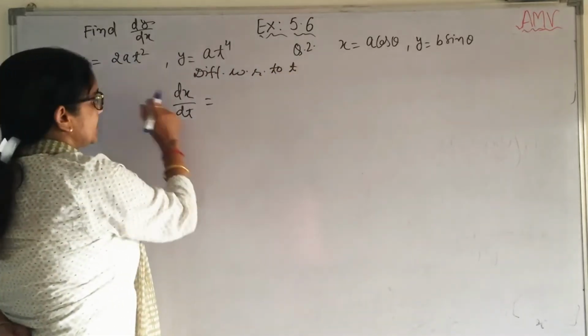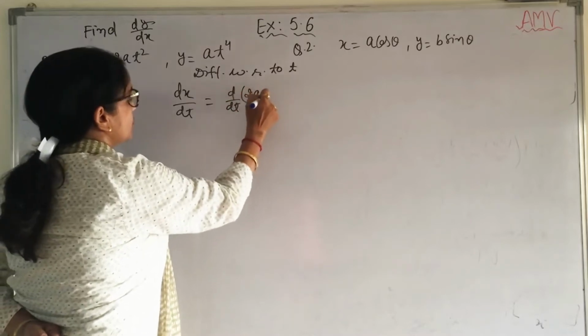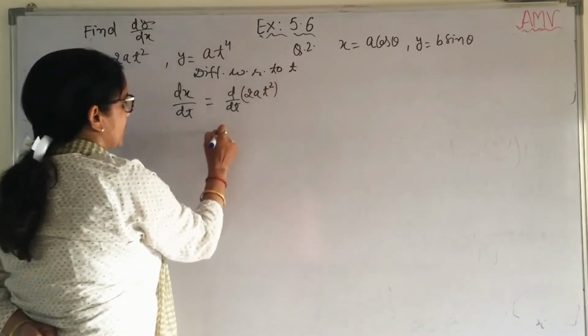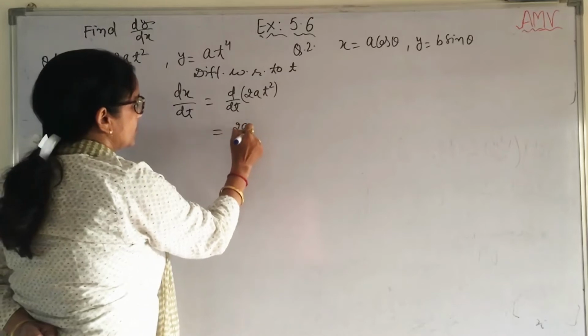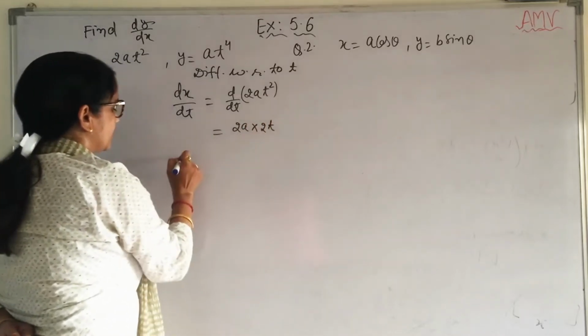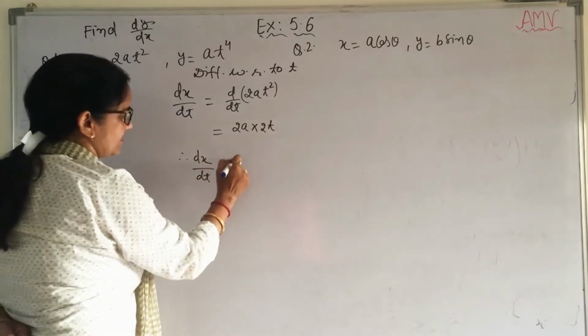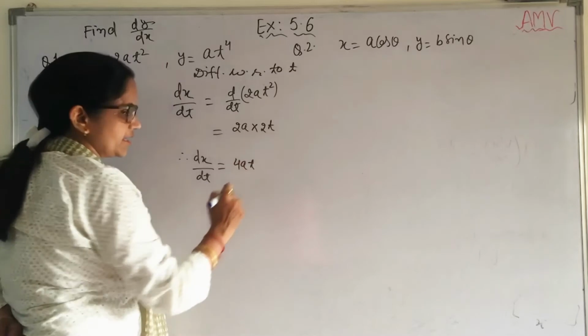Okay, so it is d by dt of 2at square. You will get 2 is constant and here it is 2t. Okay, so dx by dt here 4at.